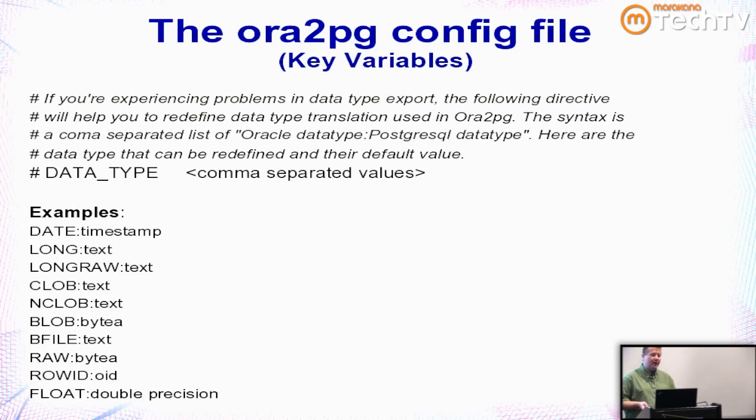One note is that mapping will be applied to all tables. You can't specify just a particular table unless you go into the tables variable and set it just for a couple of tables and do a run, and then go back in and pull those tables out and put them in the exclude tables list, and then do another run with one with the mapping on your own and one with the ora2pg mapping.